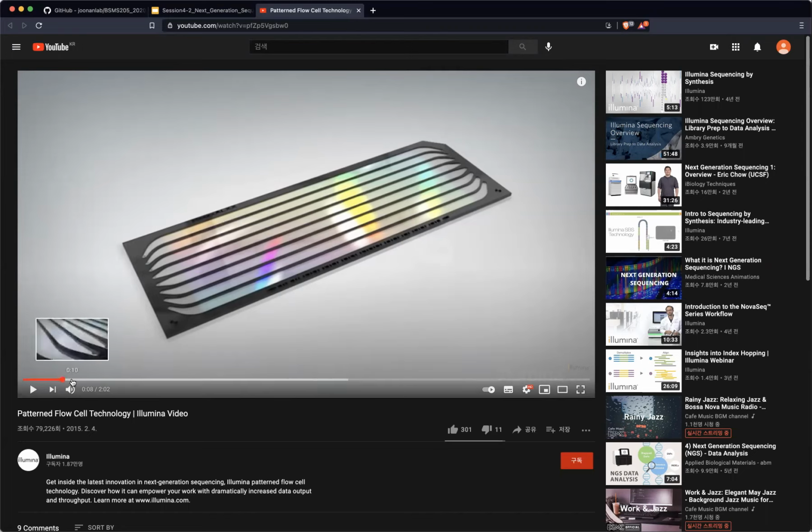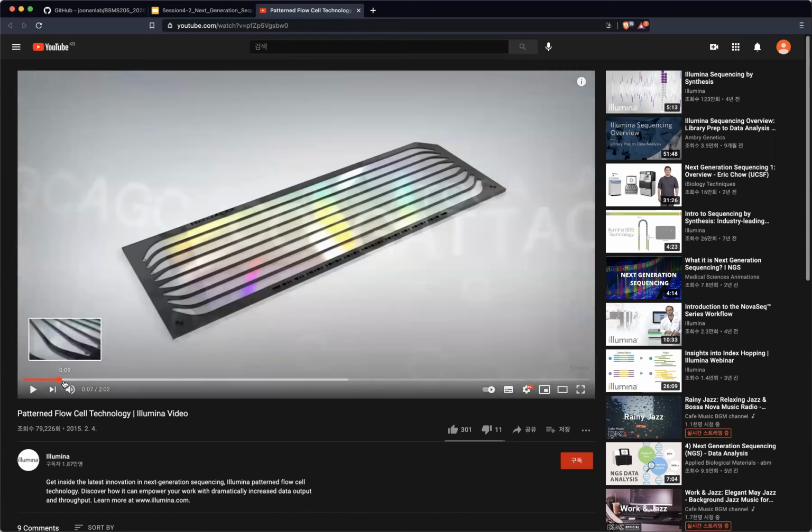And onto this flow cell, if you look closely, this is the hole I mentioned previously. You look at here and see tiny holes, and you basically flow the DNAs, the libraries, and also the reagents.